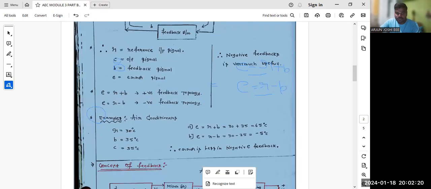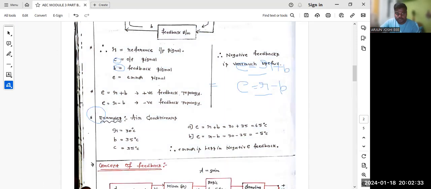I'm going to give the input as 30 degrees. R is nothing but the reference signal, 30 degrees, B the feedback is 35 degrees. I'm going to check what the error signal is.